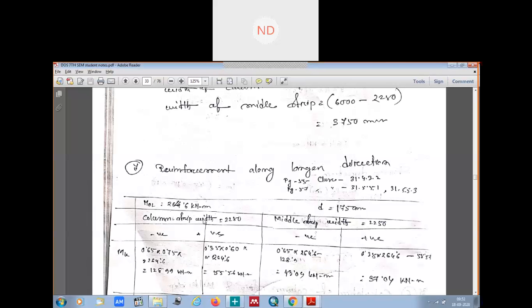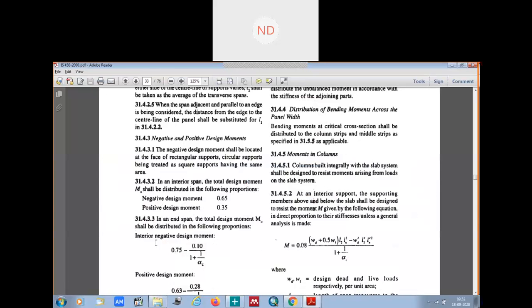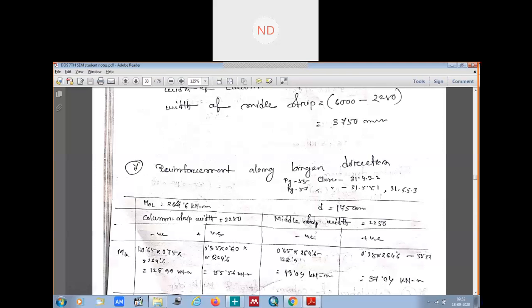So for the column strip, for the negative moment, 65% of the design moment shall be distributed. That's why we have multiplied by 0.65. Okay, now what is this 0.75?